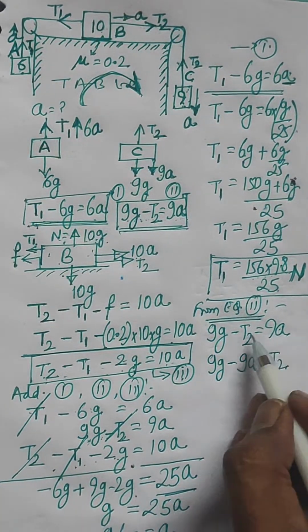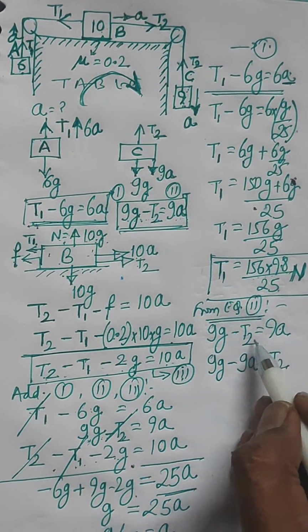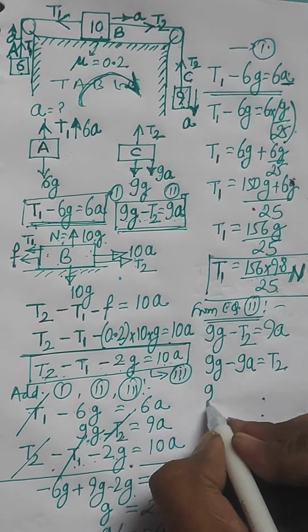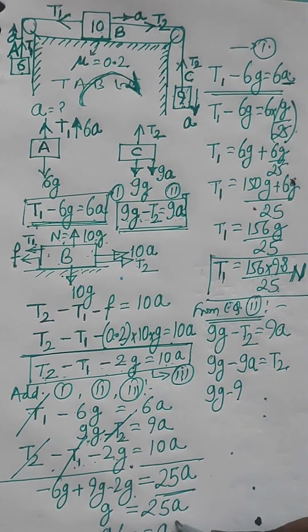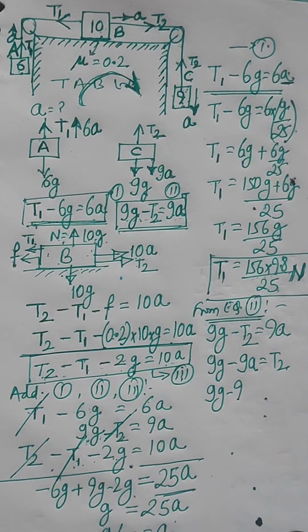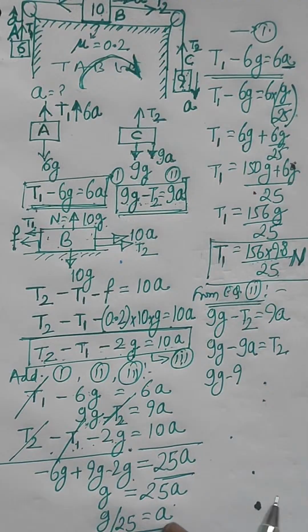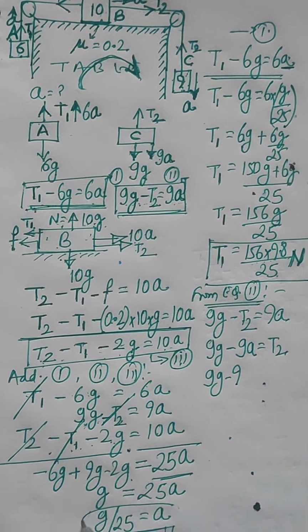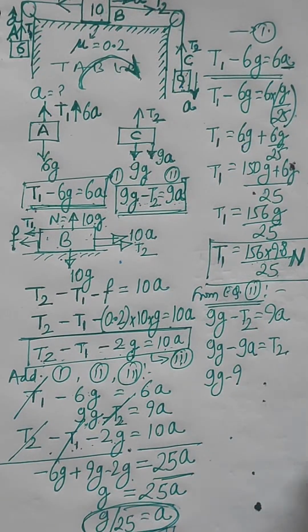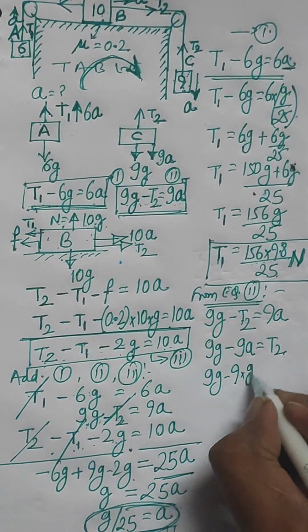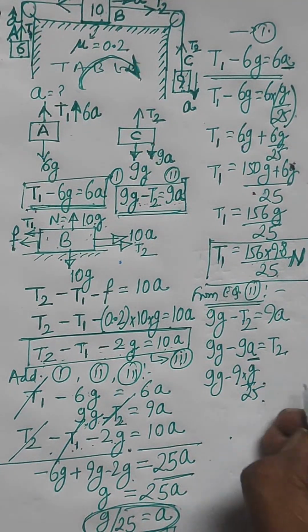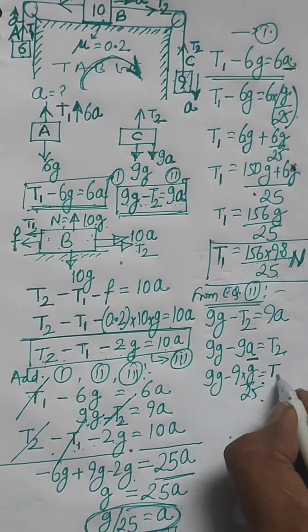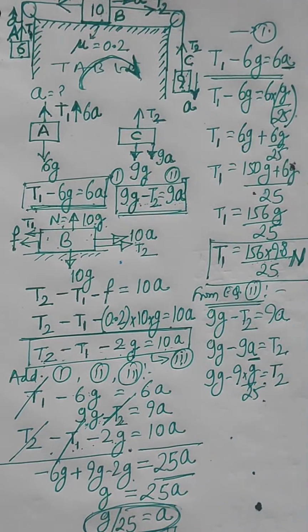We have exchanged 9A and T2 from LHS and RHS. So 9G minus 9 times A, the value of A which we have calculated over here. You can see that A is calculated as G by 25. So just put in the value of G by 25 for this A, and we get the value of T2, right?